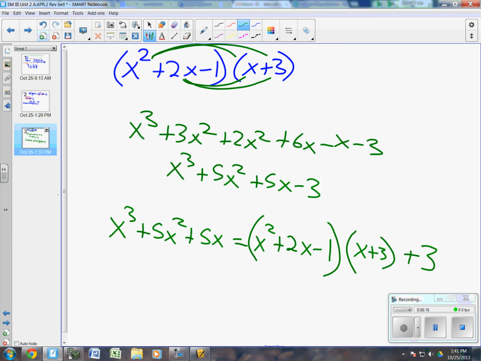Well, when you multiplied these two together up here, you got this right here, right? How is this different than this? Okay, you had a minus 3, right? Because what you were doing is, if you times these two together and add 3, you will get this. I don't know why they had you multiply those two together first.